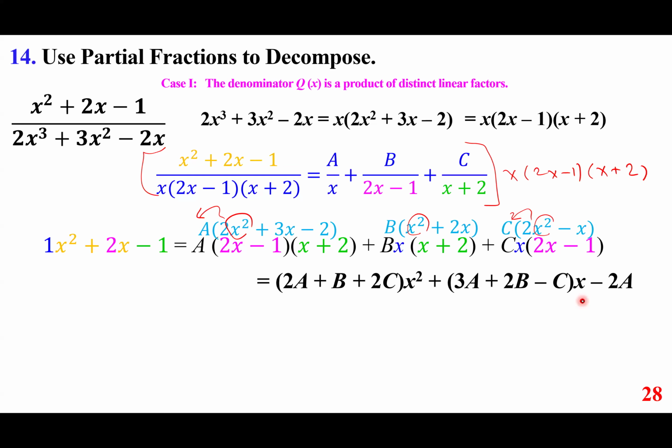So again, quickly, everybody, this is 2a times x squared. This is b times x squared.